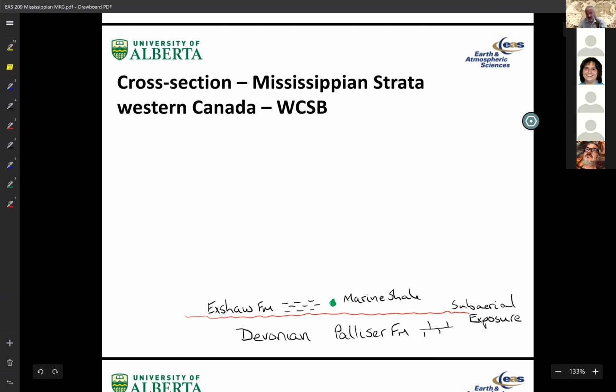And you might ask how we know it's a marine shale, and normally we would do that owing to the fossil content, although most regionally mappable shale rocks are decidedly marine anyway, but the fossil content of the Exshaw Formation confirms this. So this is more the Alberta side of things.